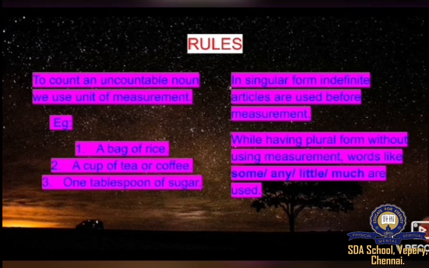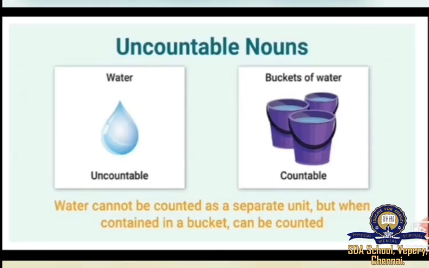And when they are in singular, they use indefinite article. When they are in plural, you can use few words without using the measurement. Like in the picture you see, water is uncountable, but you can see a bottle of water or buckets of water, which makes it countable. So, likewise, uncountable nouns can be counted using a measurement.